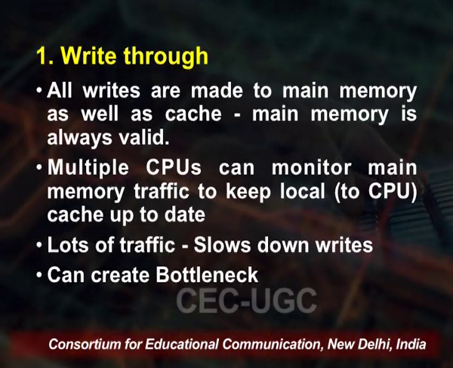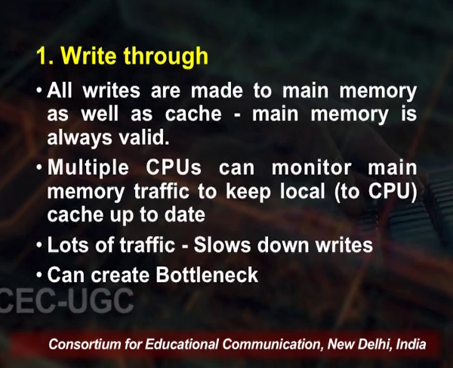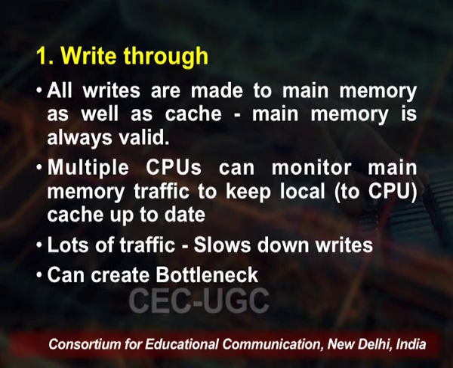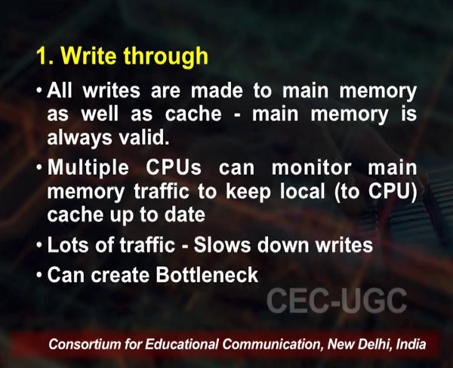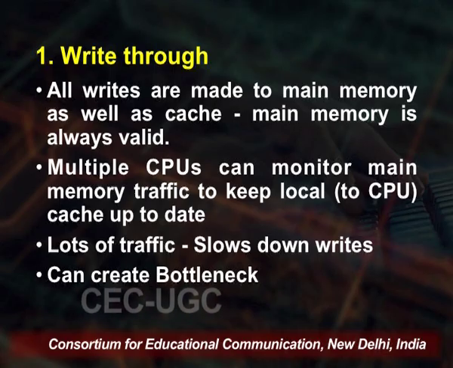So, we use a policy called write through, where irrespective of anything, we make all writes to the main memory as well as the cache. So, at any given point of time, both of them are completely updated. Of course, this causes lots of traffic. This is because a lot of writing happens irrespective of whether there was a change or not, and it can create a bottleneck.